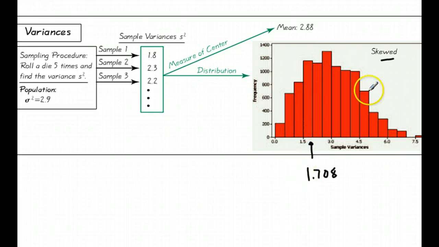So the skewness means it's not centered around the mean like we've been seeing with the bell-shaped distribution. So the distribution of sample variance, and also sample standard deviation, since it's the square root of variance, is not bell-shaped. It's got a right skewed distribution.